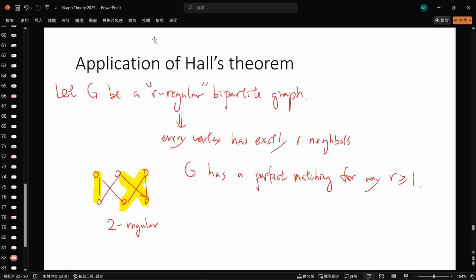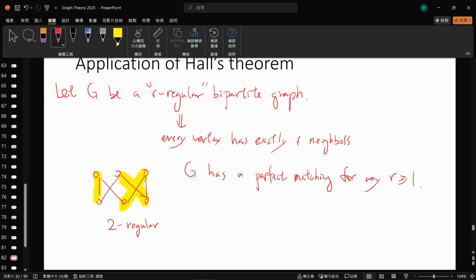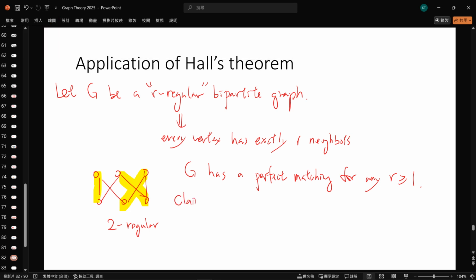So first, before we can show that, we have to show that X and Y have the same size. In other words, the size of X equals the size of Y. Clearly, under this R regular condition, where R is at least 1.